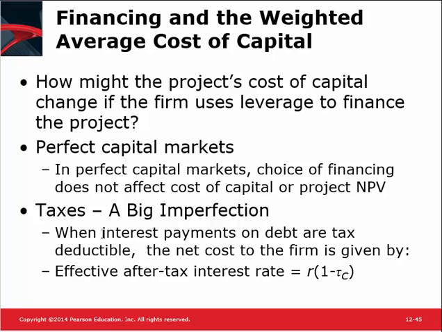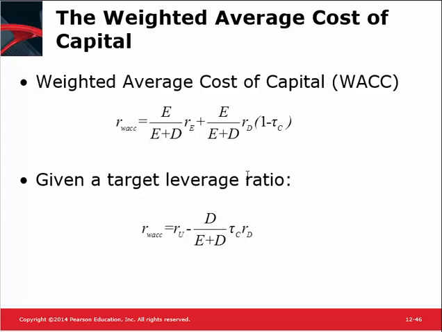So now what we're going to do is take the concept we had before. We had these formulas to calculate the cost of capital and/or the beta of a project using comparable kinds of industries. Now we're going to say, well, what happens when you add taxes?